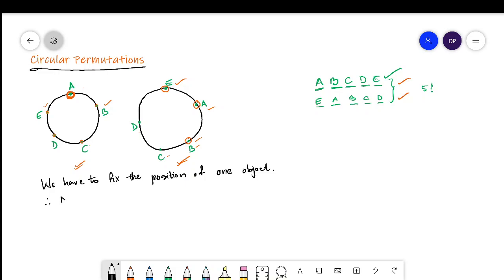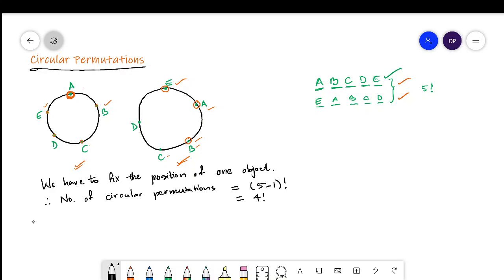Therefore, the number of circular permutations is equal to, since we have fixed the position of one object, (5 minus 1) factorial ways, which is equal to 4 factorial ways. Fine.